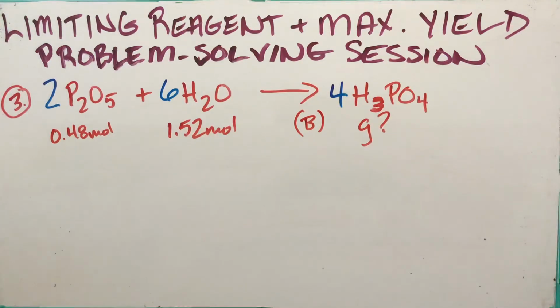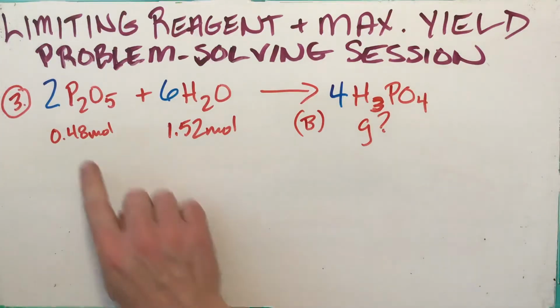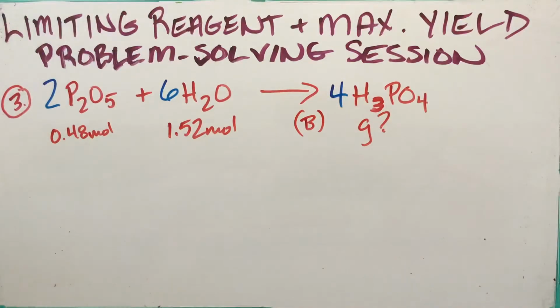If you remember, my limiting reagent gets entirely used up first, but then there's some of that excess reagent left over. So that was what C was asking about. We'll do C when we figure out what my limiting reagent is.